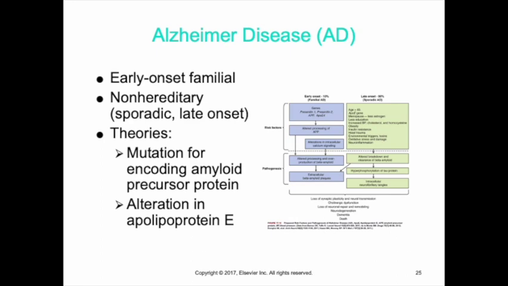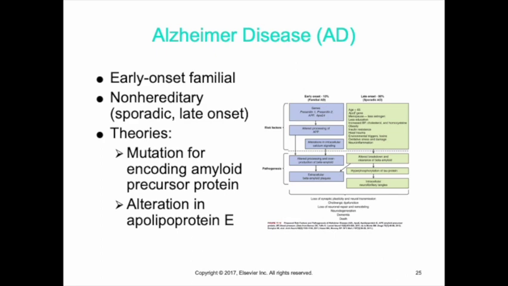We also know that there's other types of late onset Alzheimer's, like sporadic late onset Alzheimer's, and this is the most common, and it doesn't have a specific genetic association. However, the cellular pathway is the same as the gene-associated both early and late onset types of dementia.